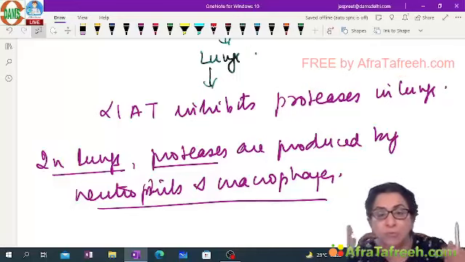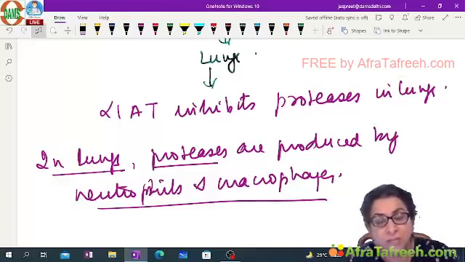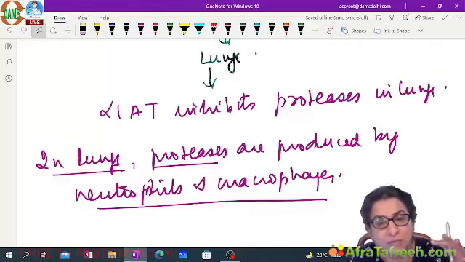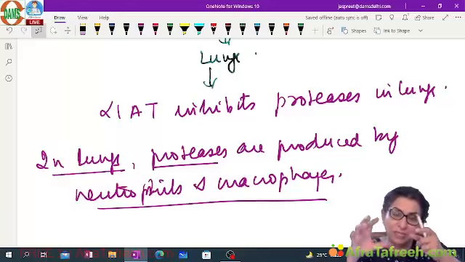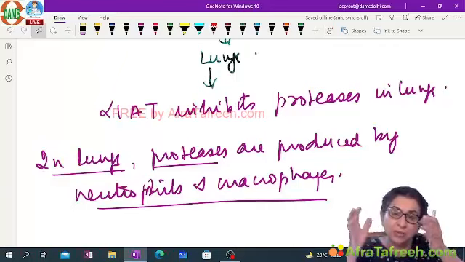In smokers especially, there are a lot of neutrophils and macrophages in the lung in response to the cigarette smoke. These neutrophils and macrophages produce proteases, and these proteases should be kept in check.